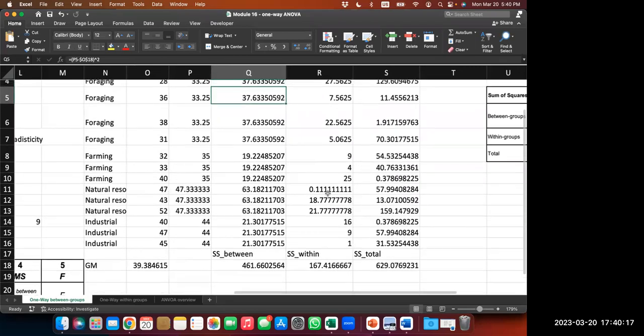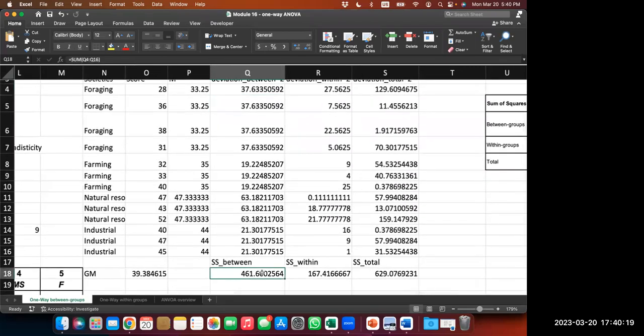And as you can see already, between is substantially larger than the within group sum of squares. Why is that? Because numerically, these means will differ much more from each other than within, because intra-group variability is always going to be smaller.